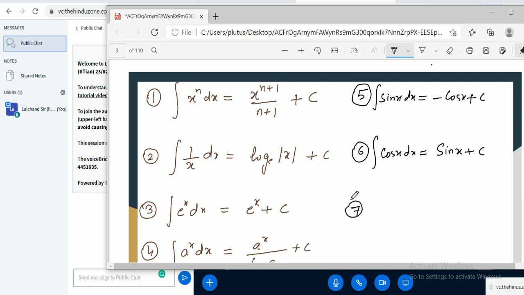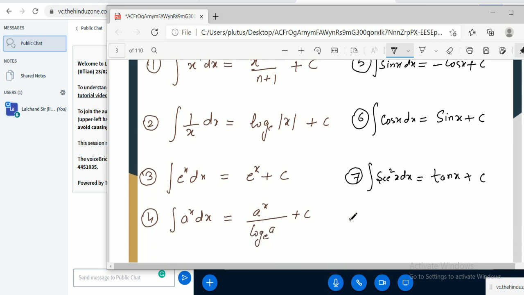Formula number 7. Integral of sec square x dx. What is the integral of sec square x? That is tan x plus c. And the integral of sec x tan x. What is the integral of sec x tan x?